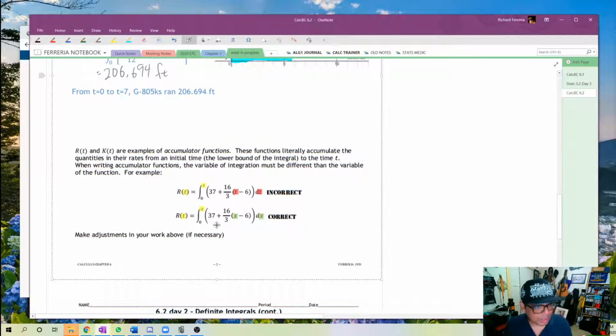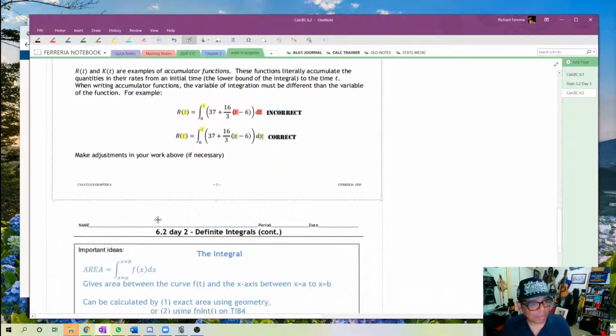Notice how this is incorrect, how t and t match here, but this is t also. That's not correct. You cannot put t as the variable of integration if it's a limit variable. So this one is correct. Make adjustments to your work if necessary. Yeah, we did that already.